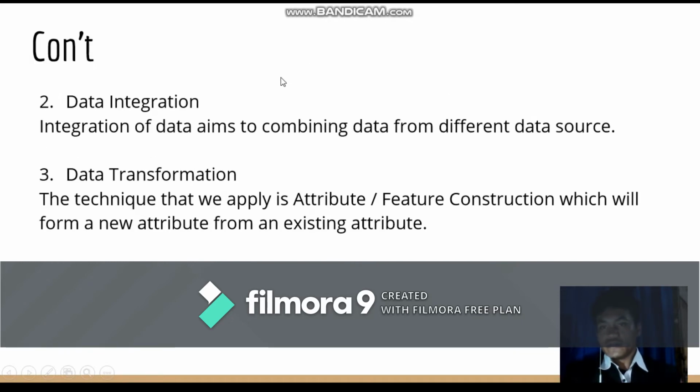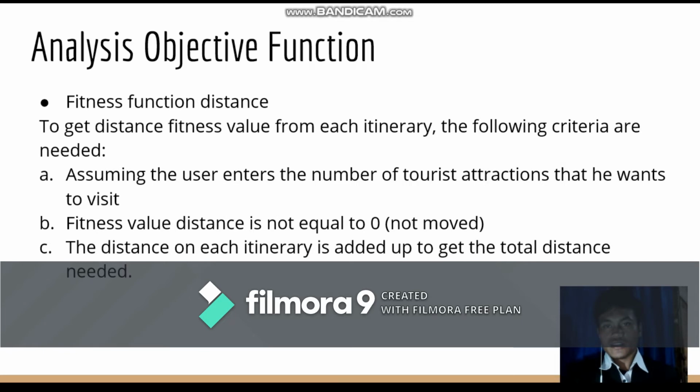The second, data integration. Integration aims to combine data from different data sources. And the third is data transformation. The technique that we apply is attribute construction, or feature construction, which will form a new attribute from existing attributes. Analysis of the objective function.